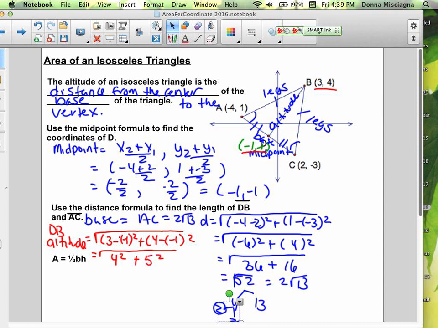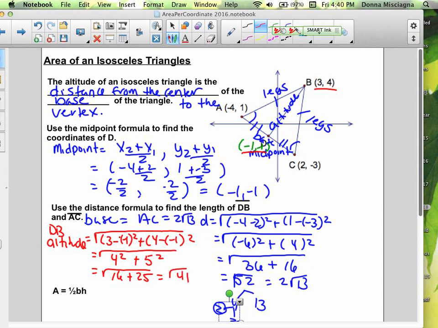Right, so that's going to be 16 plus 25, which is 41, right? Yes. That doesn't simplify.